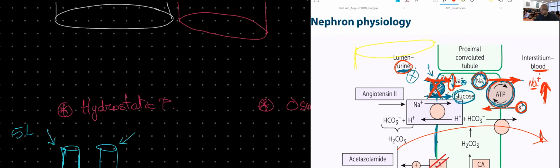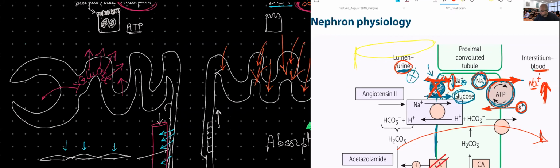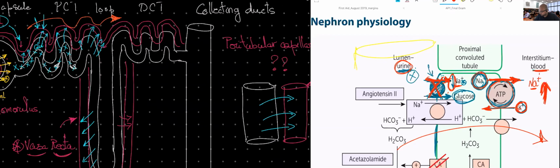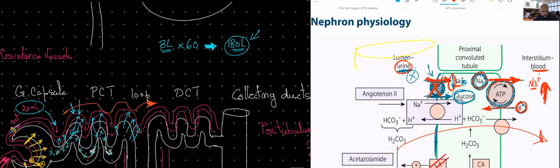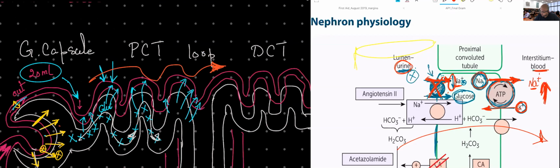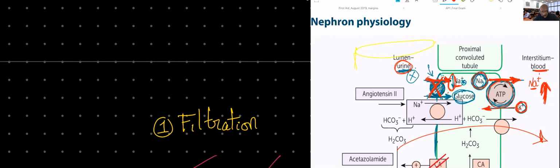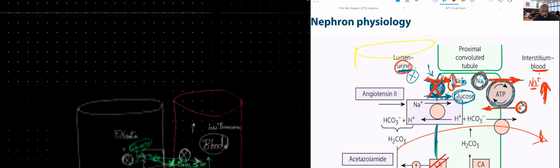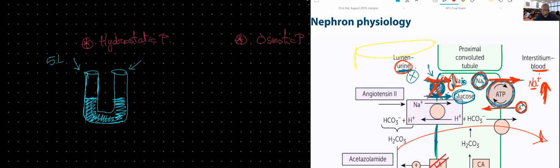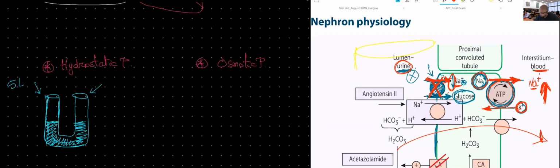This is what I am reducing in the peritubular capillaries, getting the blood in the peritubular capillaries from the efferent arteriole. This is the pressure I'm talking about, hydrostatic pressure. It's determined by the weight of the water. The other pressure is not determined by the weight of water, it's determined by the concentration of solutes.